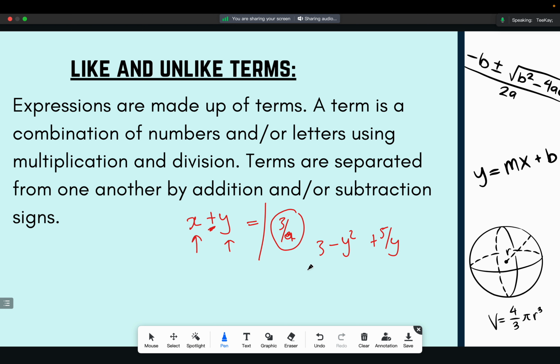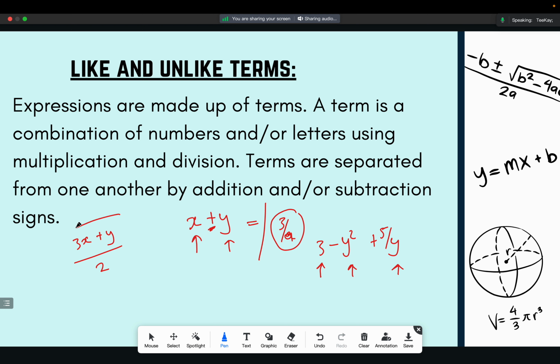How many terms do we have in this expression? Okay, we have one, two, three, three terms. So now we know terms and expressions. Let's just have an example. Let's say we have 3x plus y over 2.